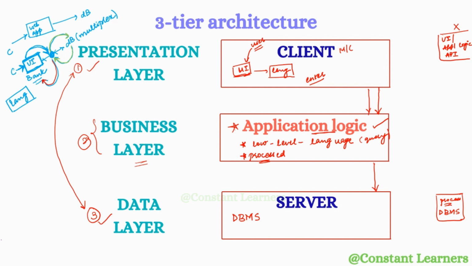But in case of three-tier architecture, we are getting a completely ready query here, and the database server only has to use the database management system to perform the required task inside the database, right? Whether it is about storing the data, managing the data, manipulating the data, or accessing the data. All of those tasks are being performed by the database management system.